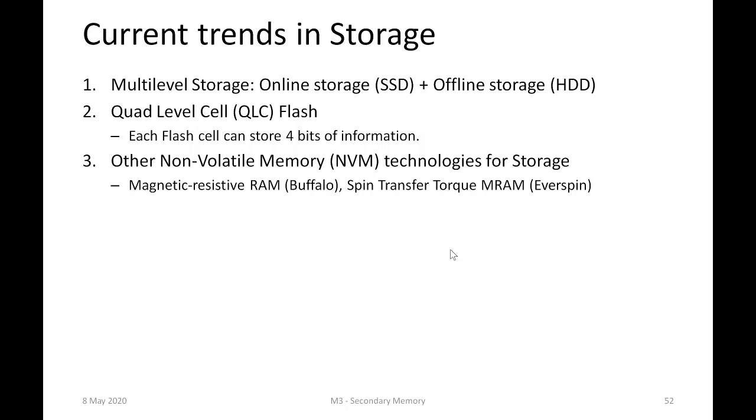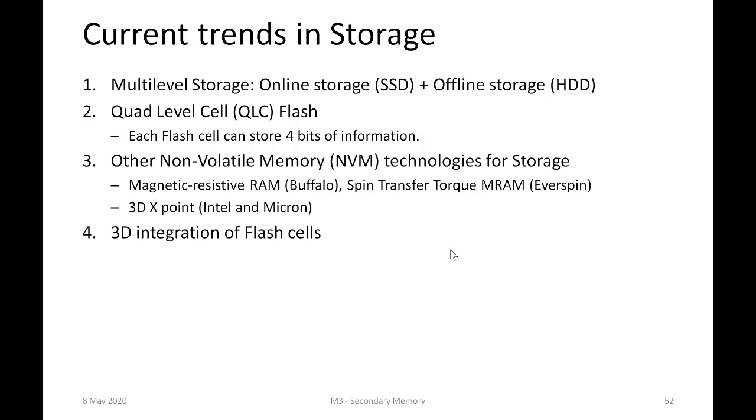Spin transfer torque MRAM, or STT-MRAM in short, is being explored by Everspin. 3D crosspoint is another NVM technology that is being explored by Intel and Micron. Among these, the 3D crosspoint based products are already in the market. One popular product from Intel is Intel Optane memory. You can have a look if you're interested. It's not based on flash cells, but rather 3D crosspoint cells.